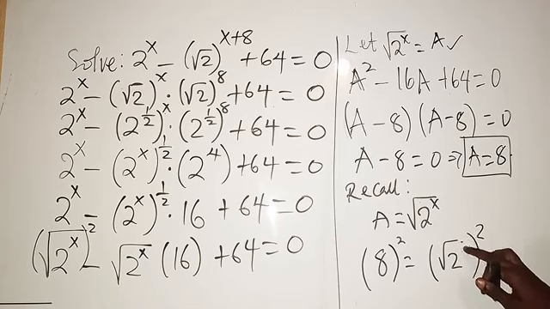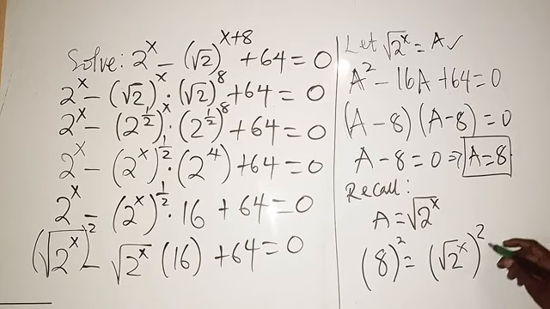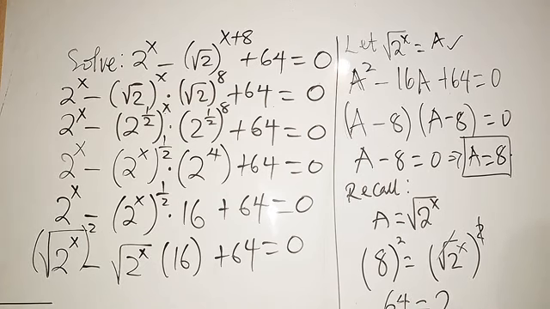So now you see that we cancel this, and we're going to have 64 equals 2 to power x. Are you following now? So having 64 equals 2 to power x.